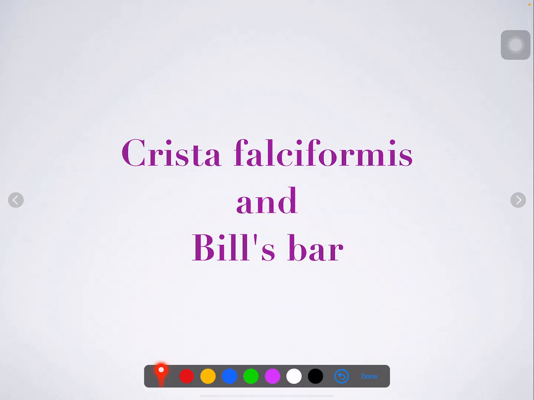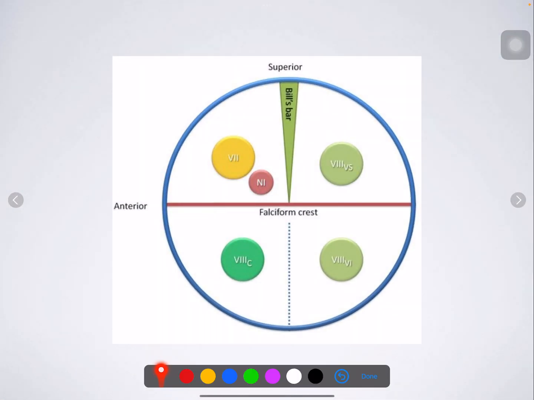Now, we've mentioned in the second slide the crista falciformis and the Bell's bar, and we wanted to know why they are important. They are important because they divide the internal acoustic meatus. This big blue circle here is the internal acoustic meatus, and it's divided by the vertical crest. Bell's bar is the vertical crest, and the transverse crest is the falciform crest, or the crista falciformis.